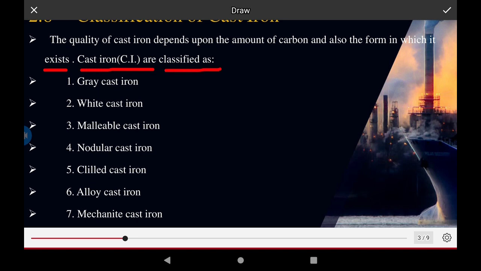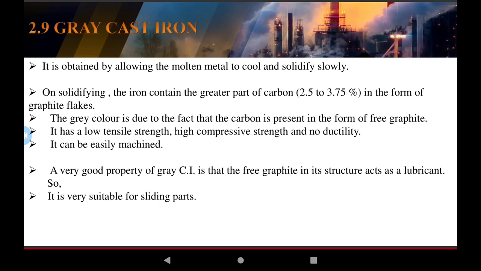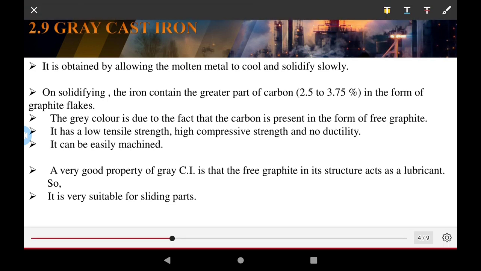It is classified as grey cast iron, white cast iron, malleable cast iron, nodular cast iron, clad cast iron, alloy cast iron, and machined cast iron. I will present them one by one in detail.